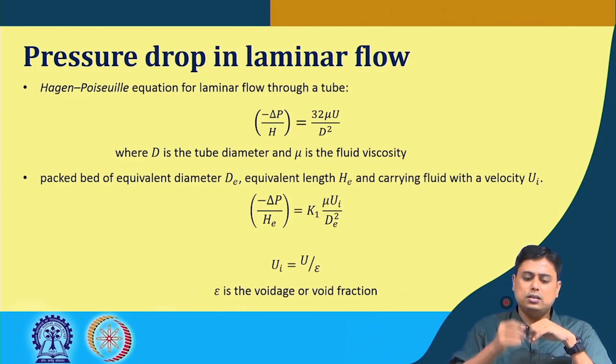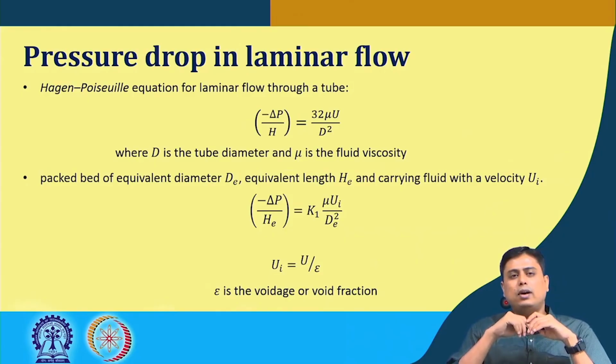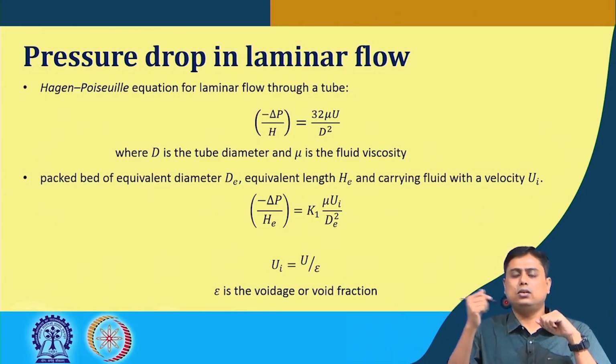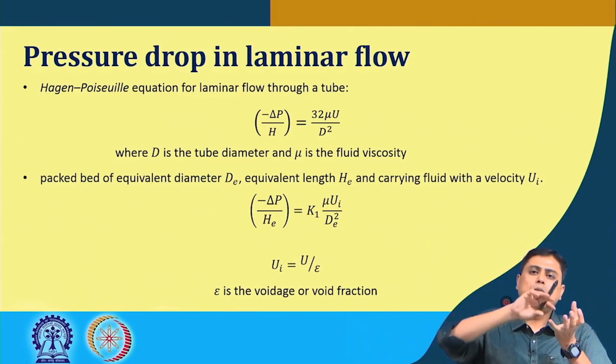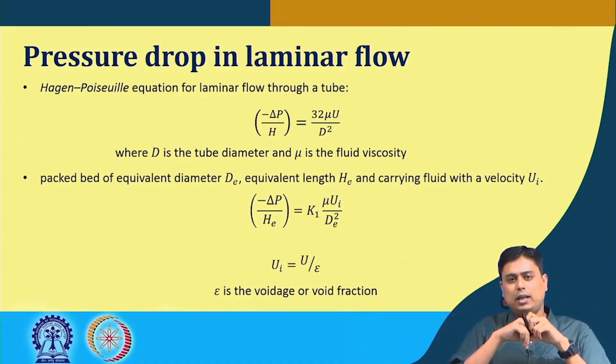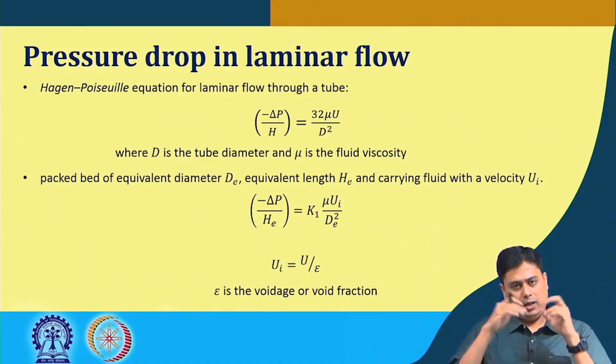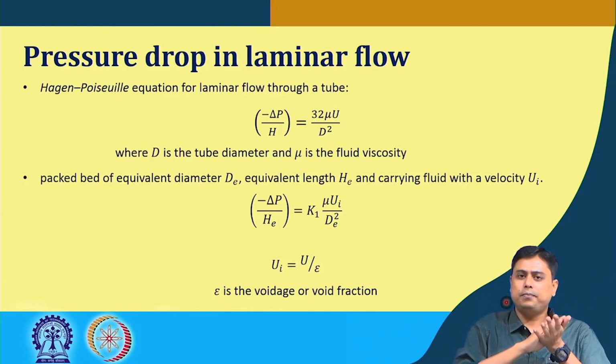So when we divide the superficial velocity by this value, we get the interstitial or local velocity. Quite naturally, this local velocity is always higher than the superficial velocity. The superficial velocity is something like what you pour in that beaker. It comes from the volumetric flow rate divided by the cross-sectional area of the beaker.